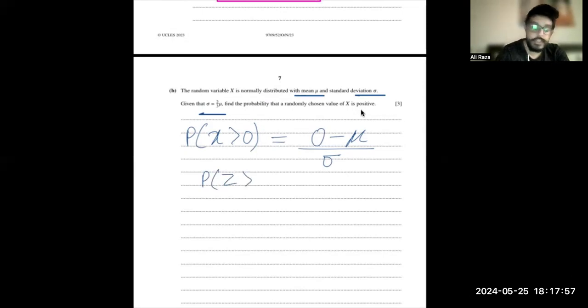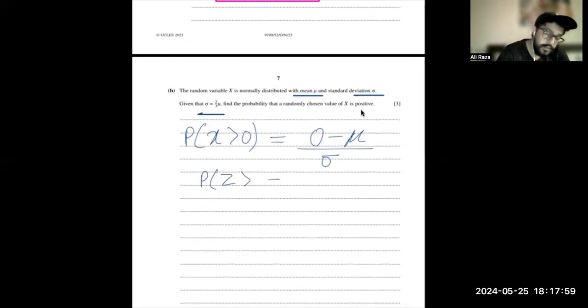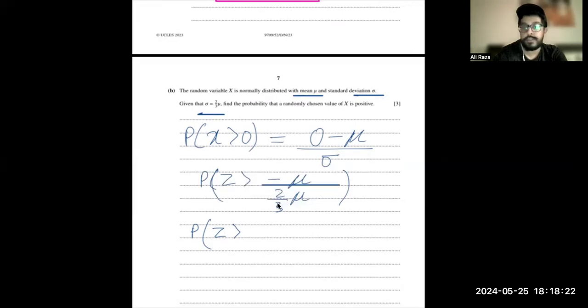So 0 minus mu would be minus mu upon 2/3 of mu, which is the value for the standard deviation. And the probability for z greater than, when we divide minus mu with 2/3 mu, we get minus 1.5.